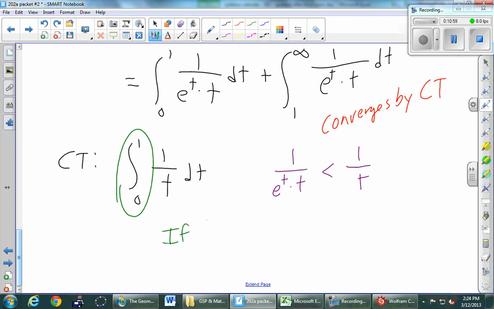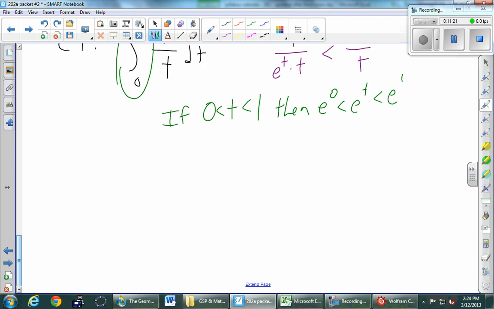If t is between 0 and 1, which is the only t's that we care about in this problem, then e to the t is trapped between what two numbers? E to the 0 and e to the 1. Yes? Okay. So we continue.